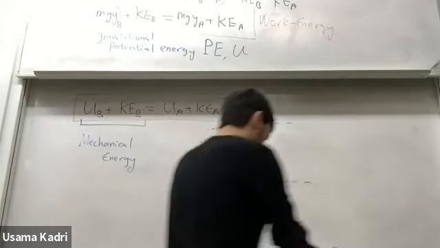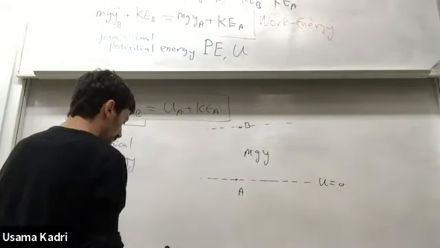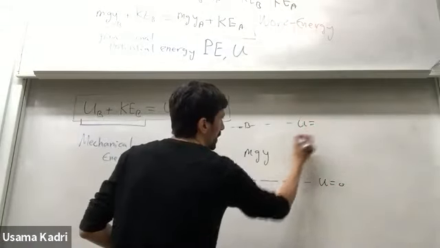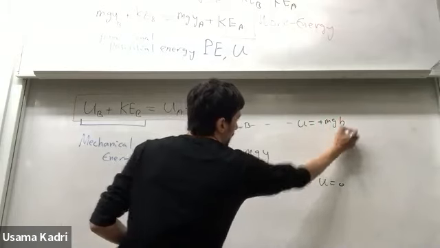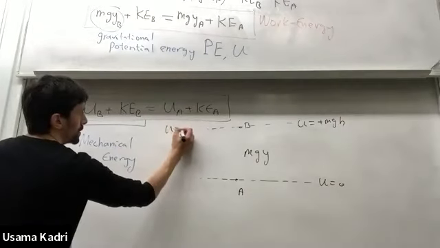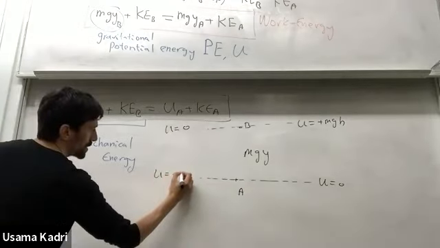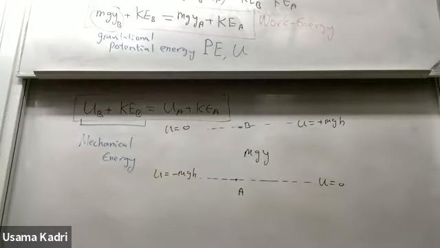So if I decide, for example, u equals 0 here, then I would have u here, which is plus mgh. If I decide that u equals 0 here, then I would have u equal minus mgh at this point.